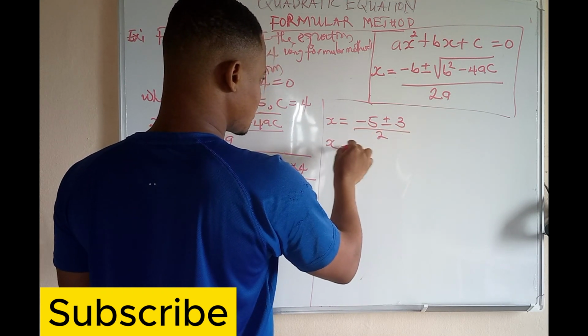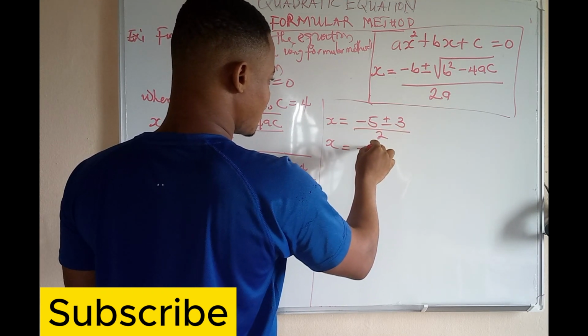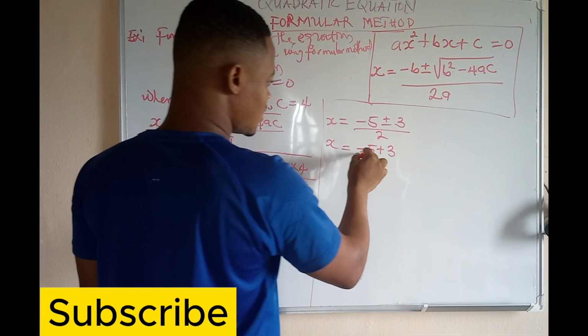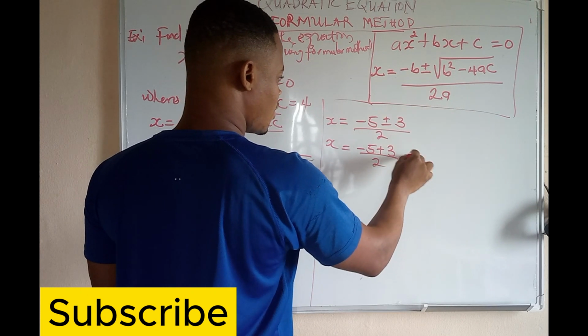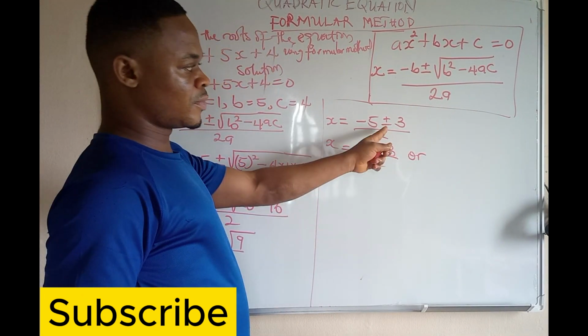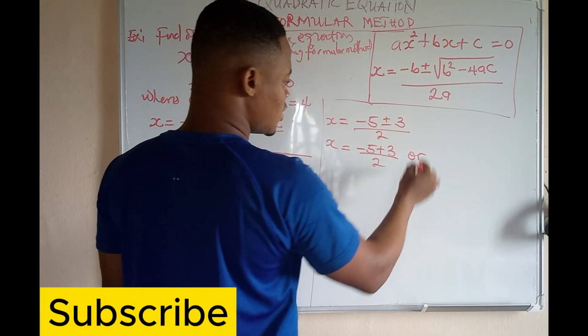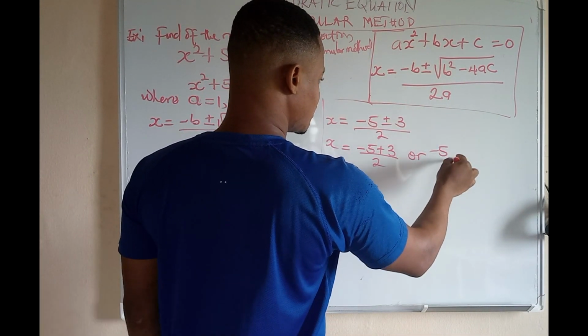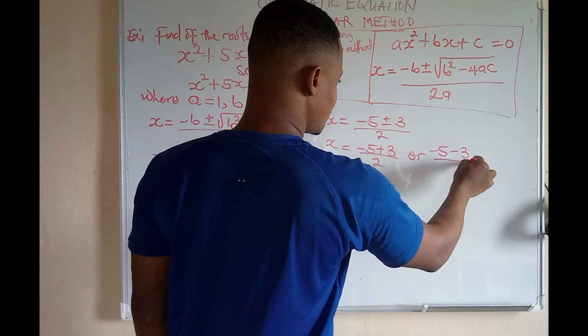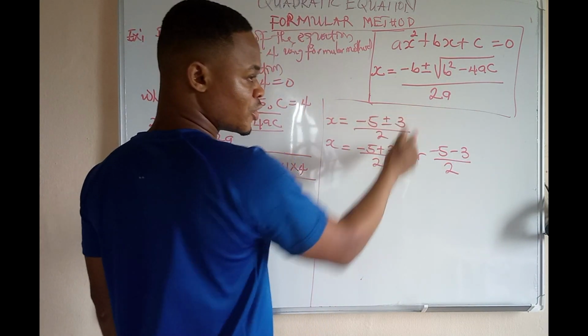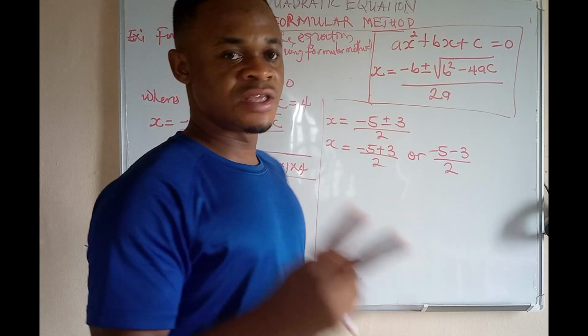We have that x is equal to minus 5 plus 3 all over 2, or minus 5 minus 3 all over 2. Here we say plus or minus because quadratic equations will definitely give us two answers.